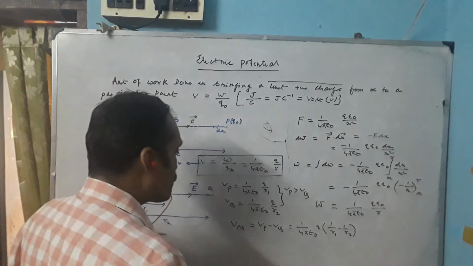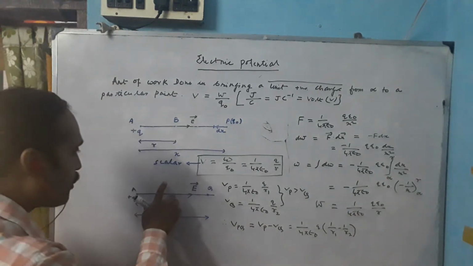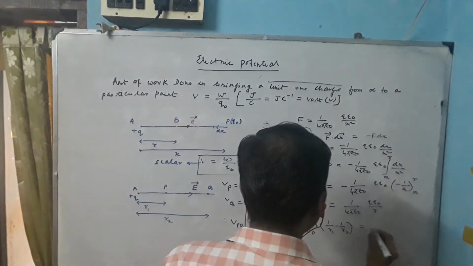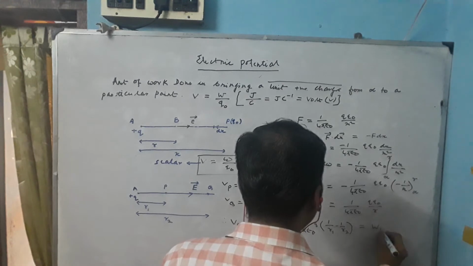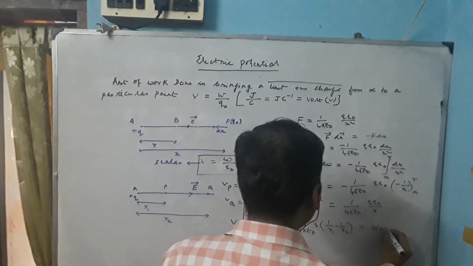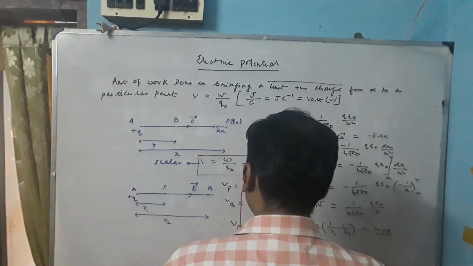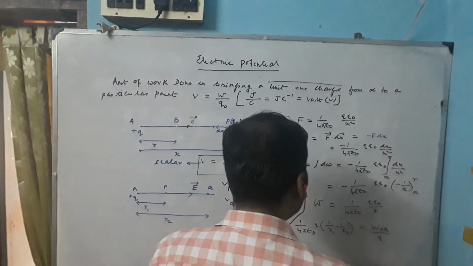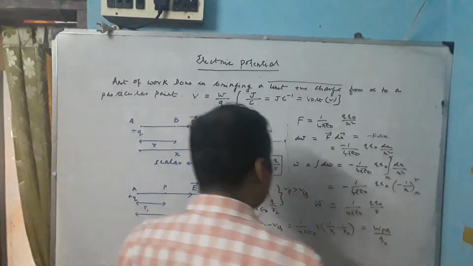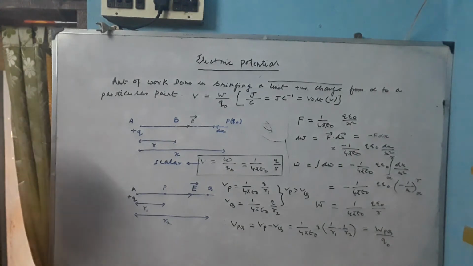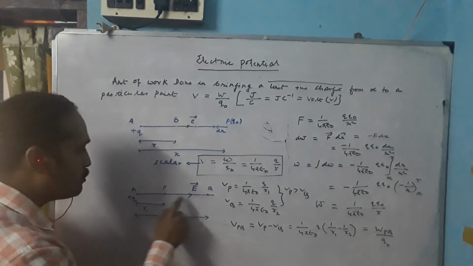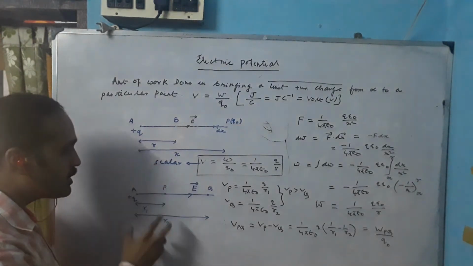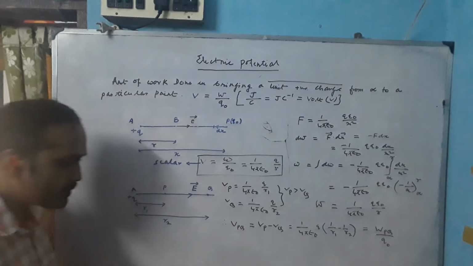This will be the potential difference between the points P and Q, and it can also be called the amount of work done in bringing the charge from Q to P. Which charge are we bringing? That unit positive test charge from Q to P. So actually we are finding the potential difference between the points P and Q.